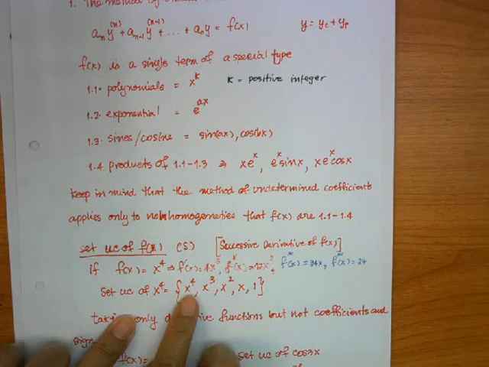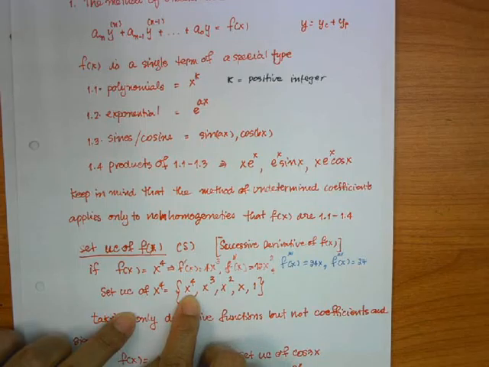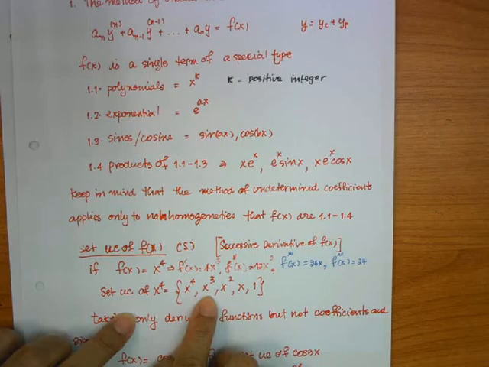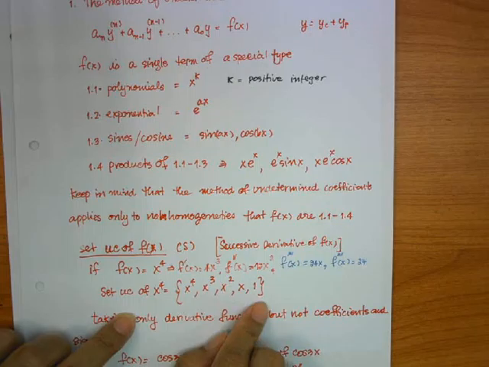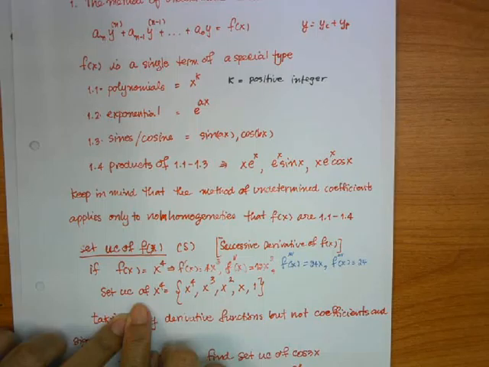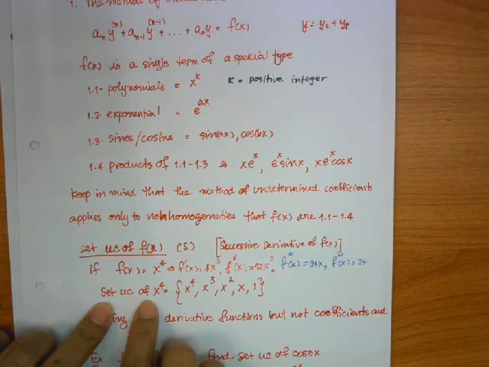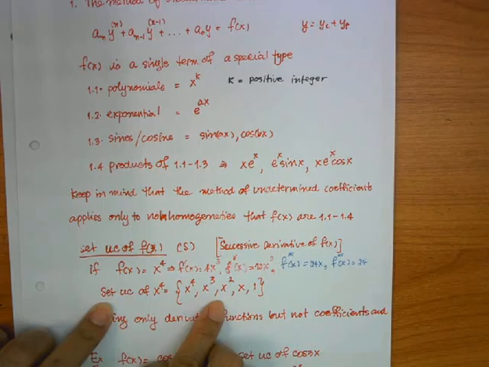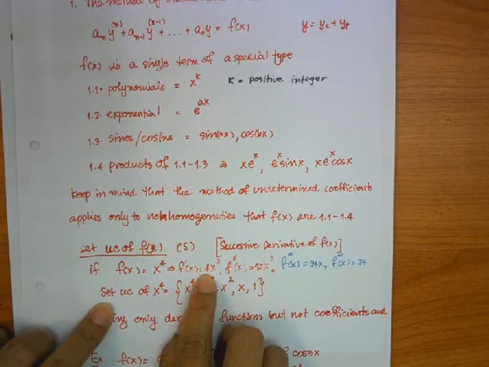So the set is composed of x to the power 4, x to the power 3, x to the power 2, x to the power 1, and 1, which equals x to the power 0. This is called set UC of function x to the power 4. I don't take the number or the size of the function. We take only the function.